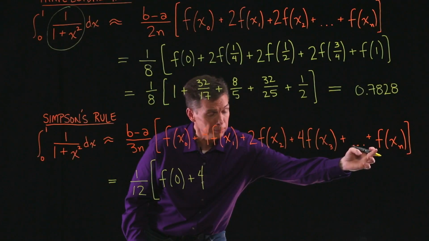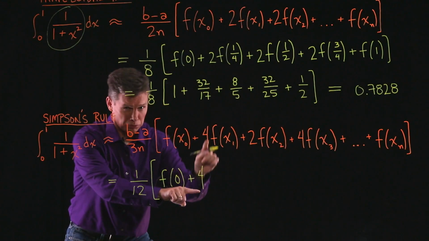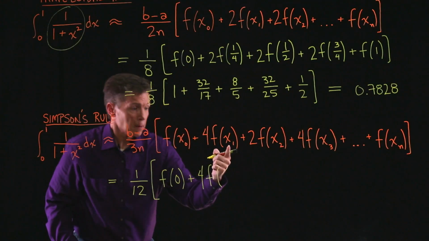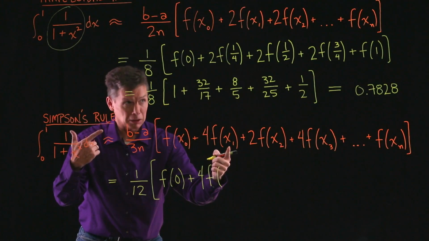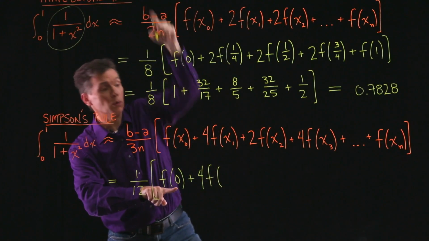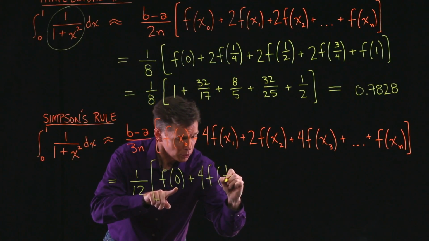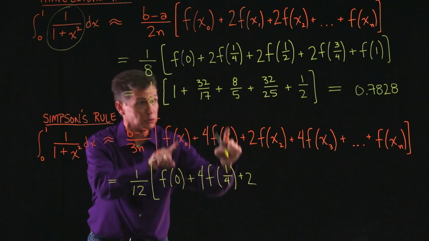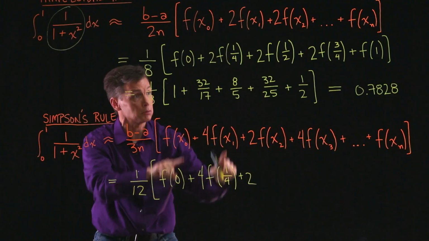The coefficient goes back down to a 1. So this 4 is from the formula, f of x sub 1. I do that same incrementing that I did a minute ago. Start at 0 and bump up by 1/4. So your arguments actually end up being the exact same as we did in the trapezoidal rule.